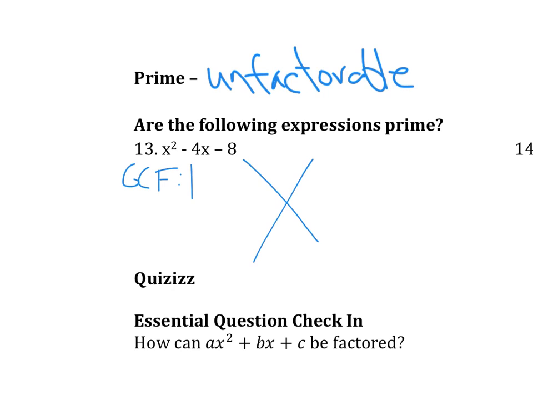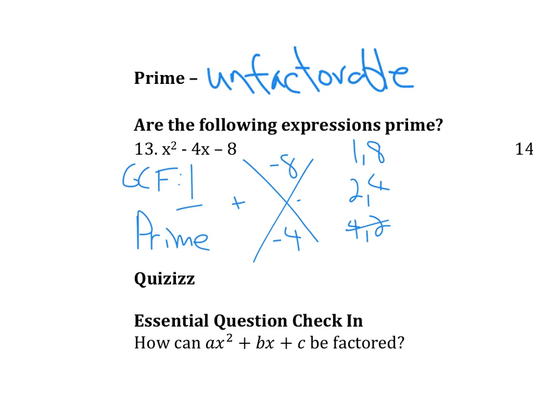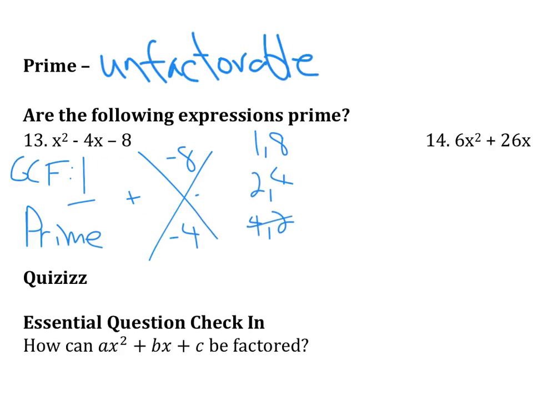So A is 1, C is -8, B is -4. Is there anything that multiplies to -8? Well, we have 1 and 8. We're looking for a difference. Well, that's 7. We have 2 and 4. Well, that's 2. 3 doesn't go into it, and then once we get to 4, that goes to 2, so it doesn't matter. So then this one is what we would call prime. The only thing it had in common was a 1. We couldn't X-box or group it, so then that one is called prime, meaning it's unfactorable.